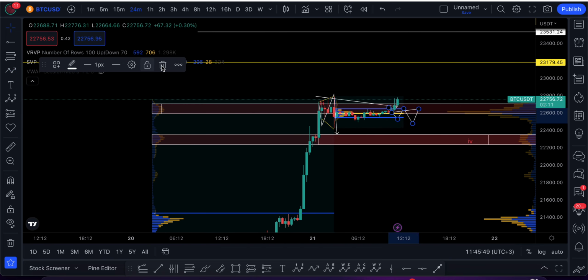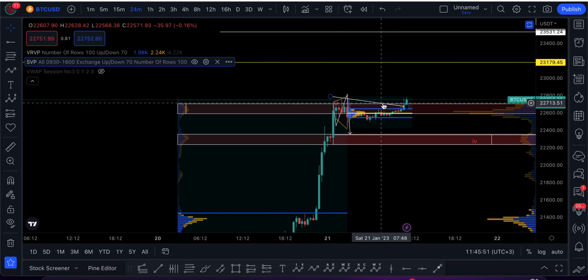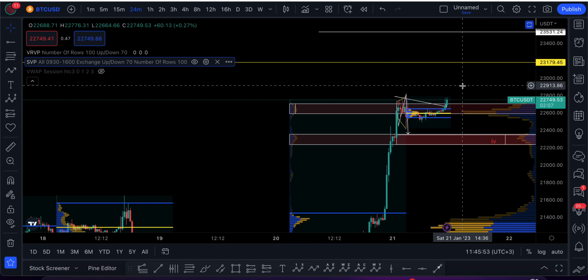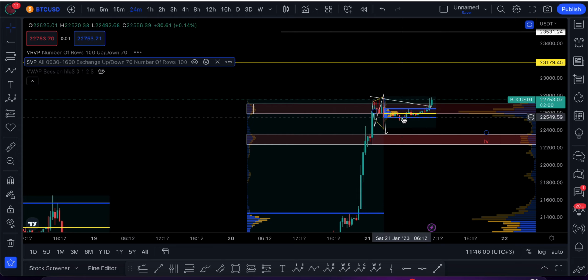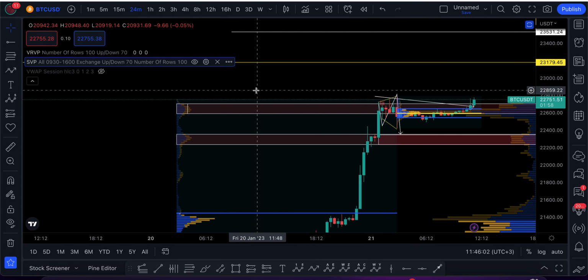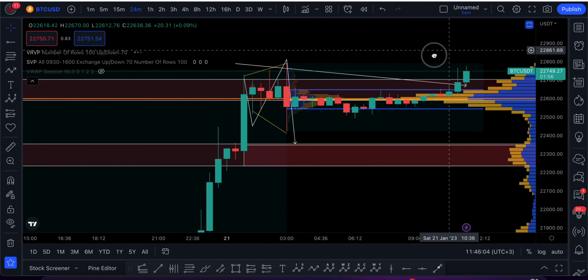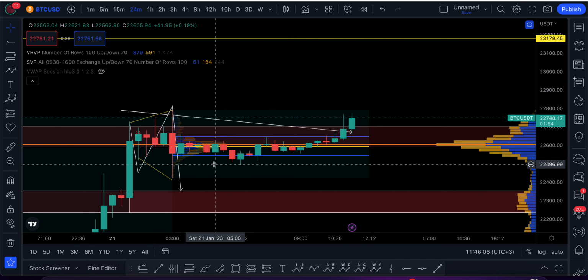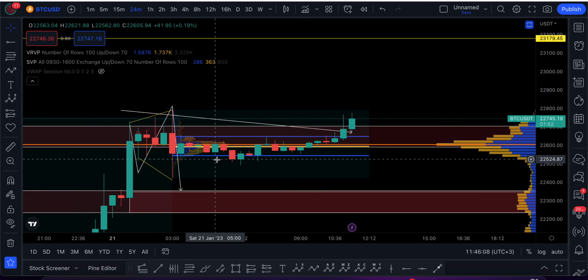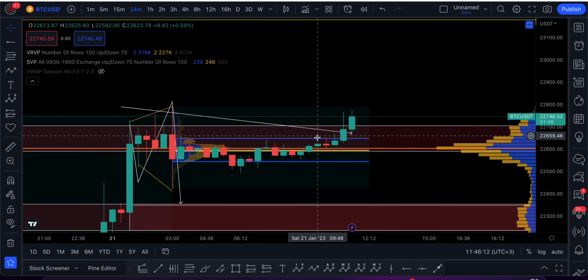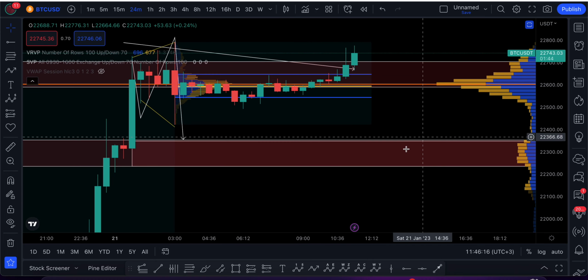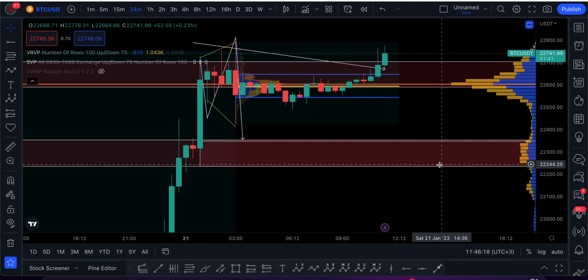So I'm favoring price action more to the upside until we attempt to break that 0.13 and break out. So this volume profile that you see, these blue lines, the lower bound is the value area low, the higher bound is the value area high. If we lose this value area high, then we're going to deep into the 22,300. It's very likely.